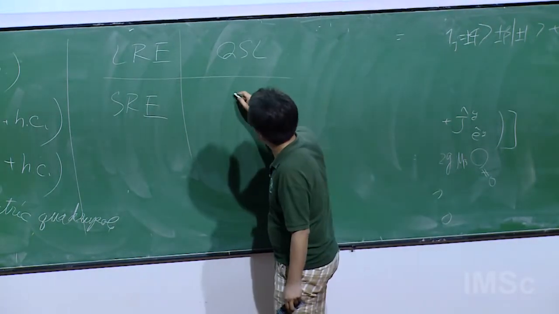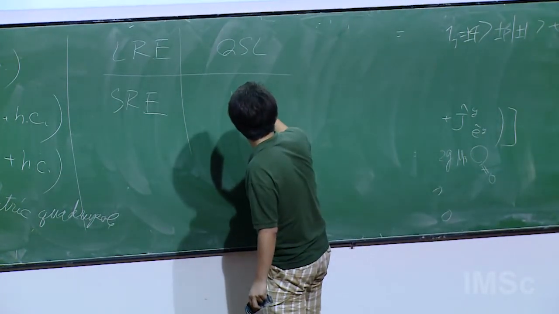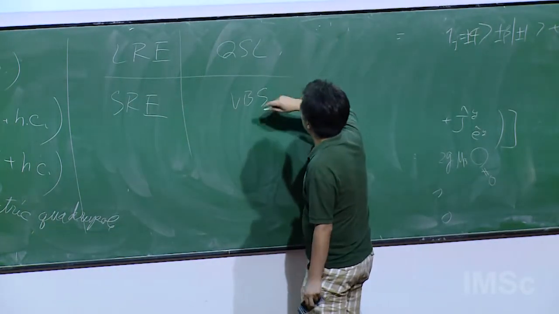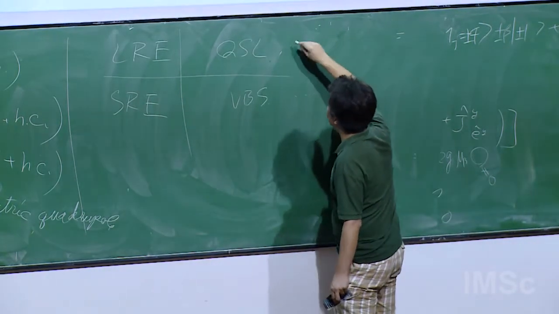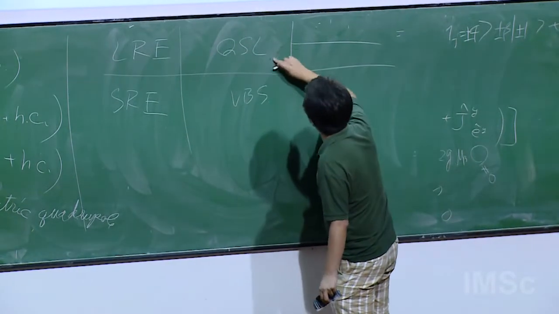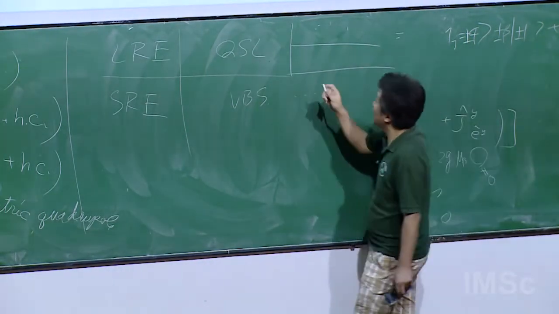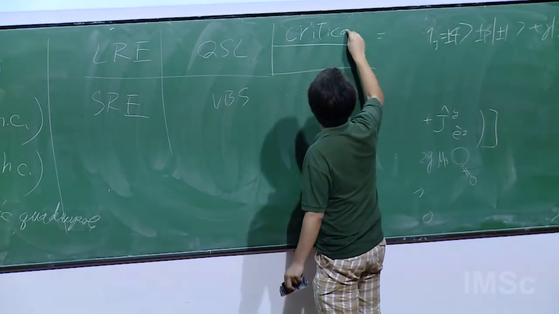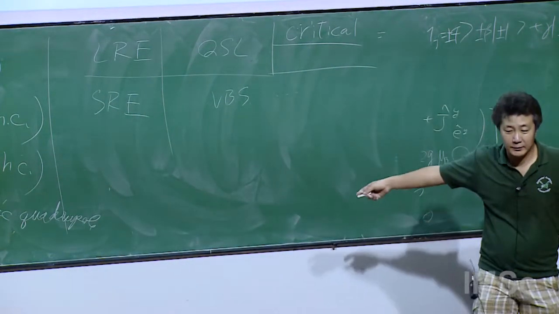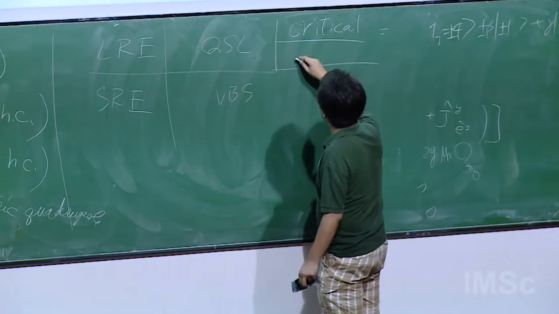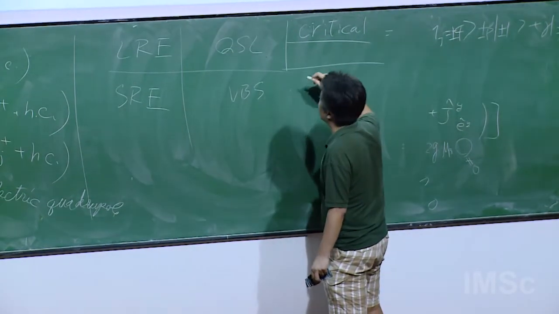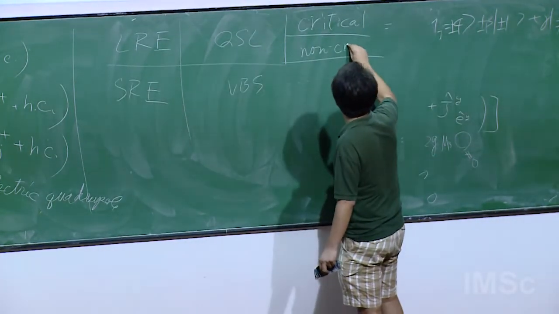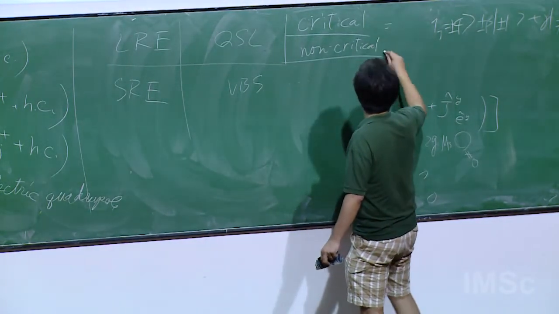And this includes a valence bond solid state, for instance, and some other states. There are actually two kinds of long-range entangled states. One is the critical states, where the length scale diverges. The other is not critical; it's just a stable phase, or say gapped.